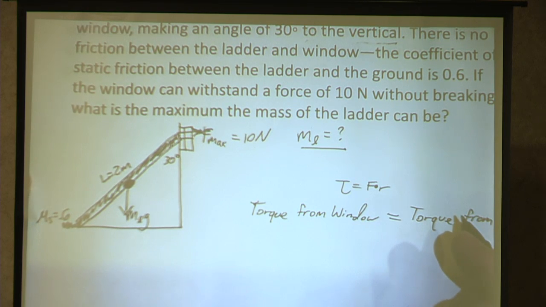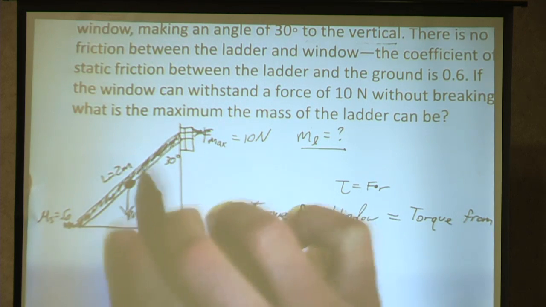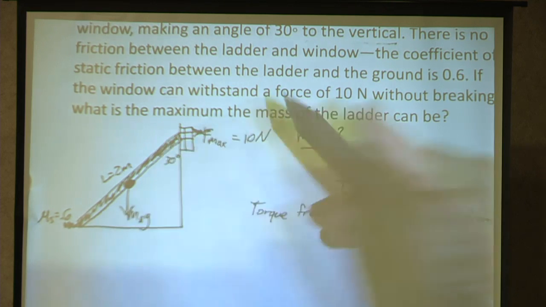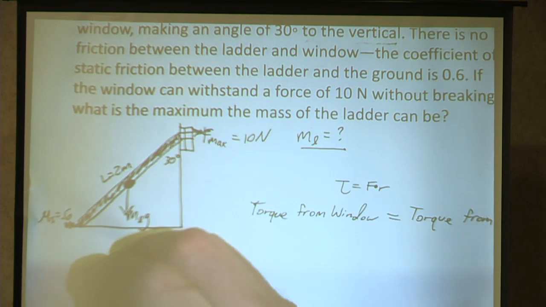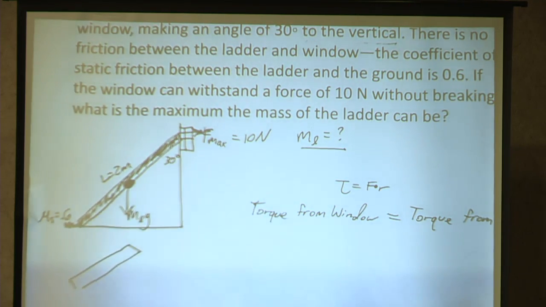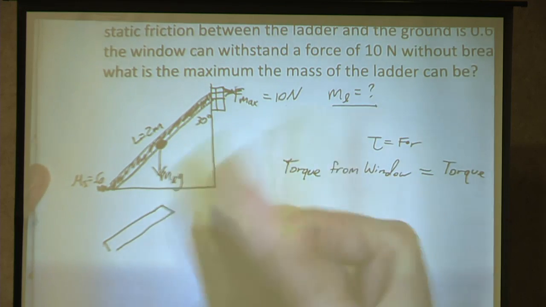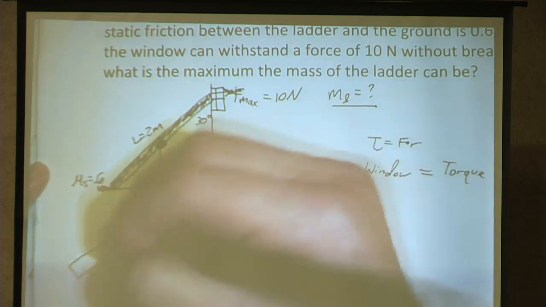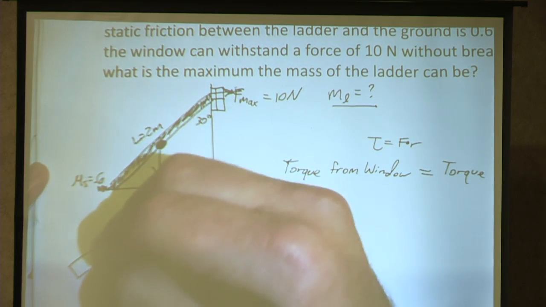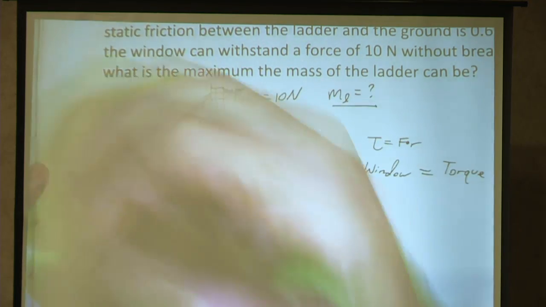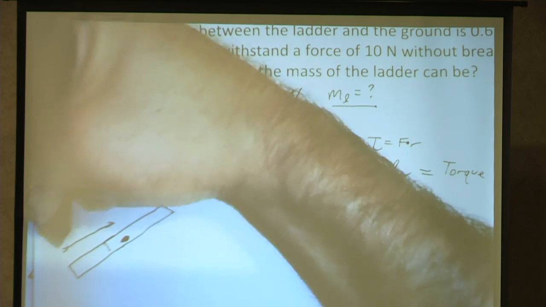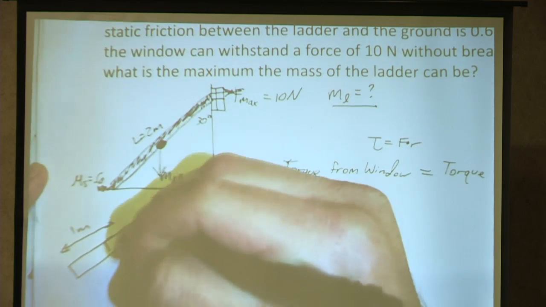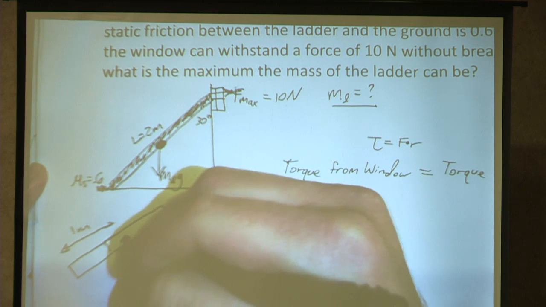One more thing we need to do is break this ladder up into x and y components. So we've got this ladder that goes like that. I really need to make my drawings bigger. mg, the weight, occurs at the middle of the ladder, so at a distance of 1 meter, and that acts down at an mg.